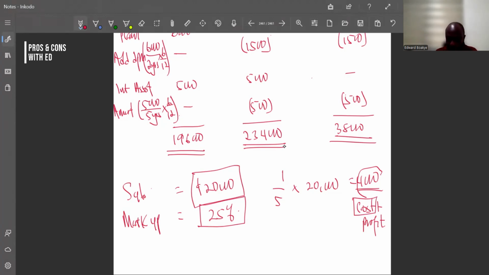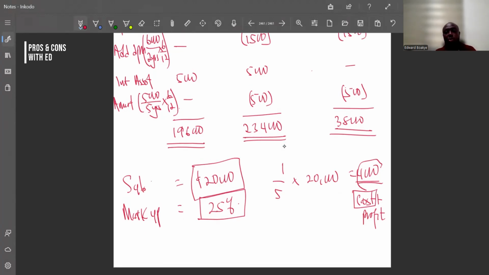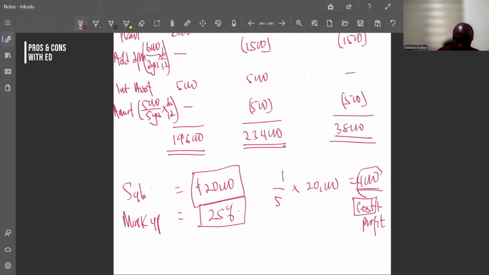The profit was 25%, so we say 25 divided by 125, because it's a markup. Markup will be added; if it is margin, then we subtract. So 25 over 125 times 4,000 gives us 800.